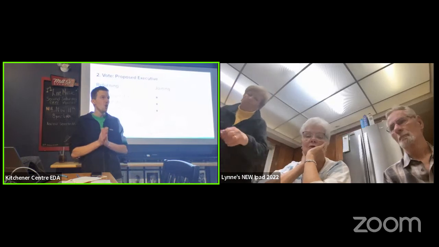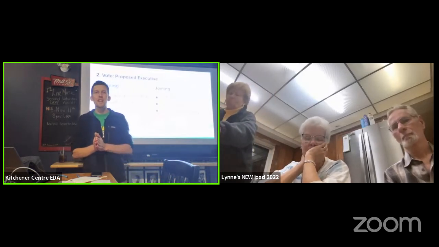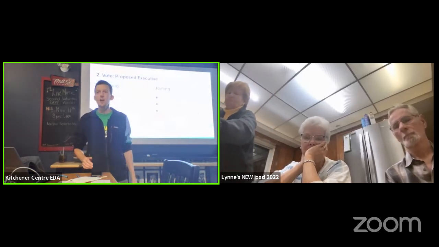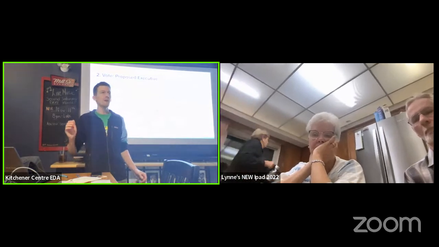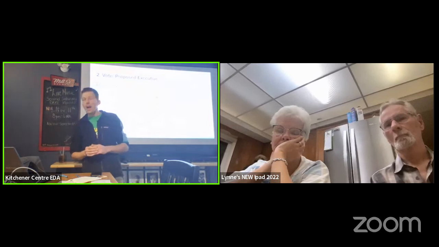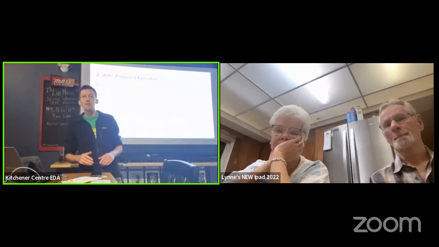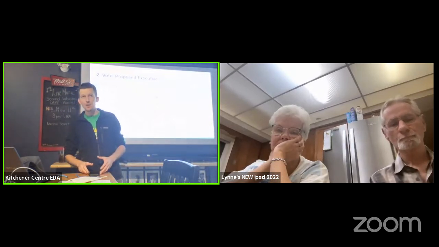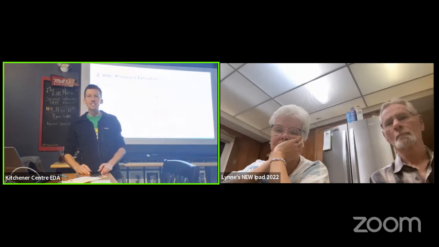We have 3 new EDA members that are standing for election. We have Jeff. Where do we have? Jeff is in the back here. Jeff has been really involved on the campaigns from a tech role and helping behind the scenes with social media and the websites. So it's great to have his expertise on the EDA.